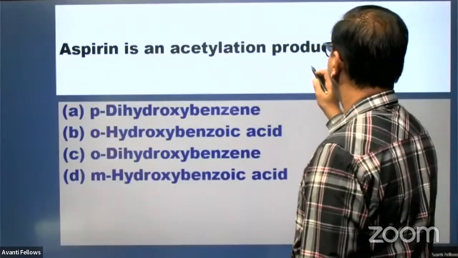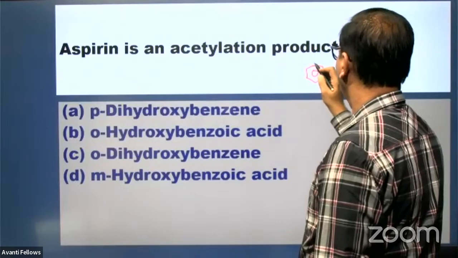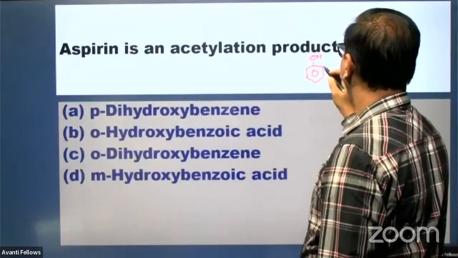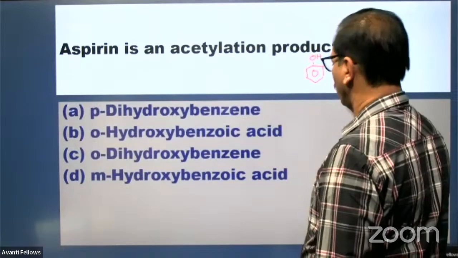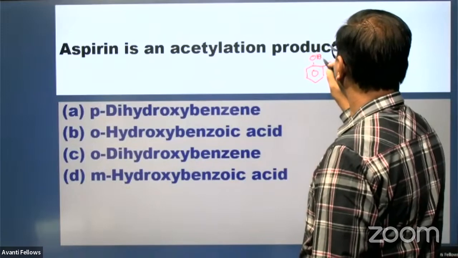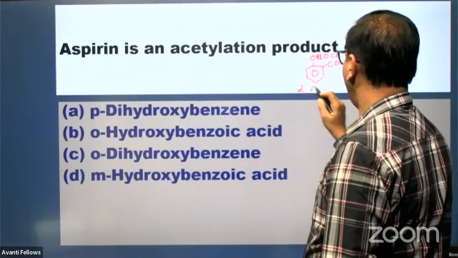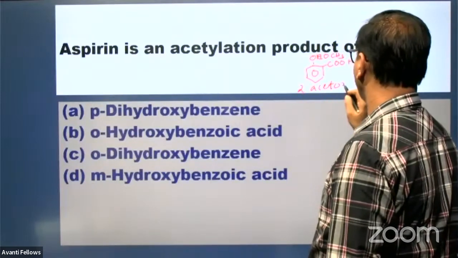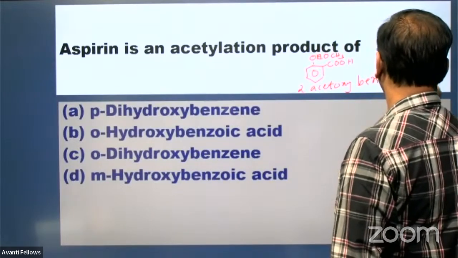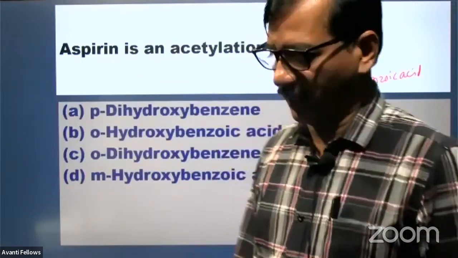Aspirin is, sorry, this is COOH and OCOCH3. This is 2-acetoxybenzoic acid. 2-acetoxybenzoic acid is aspirin.